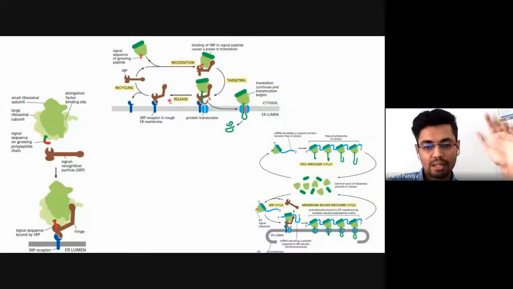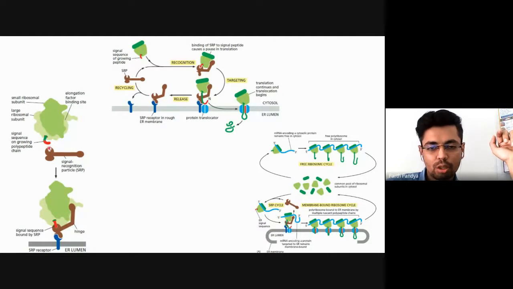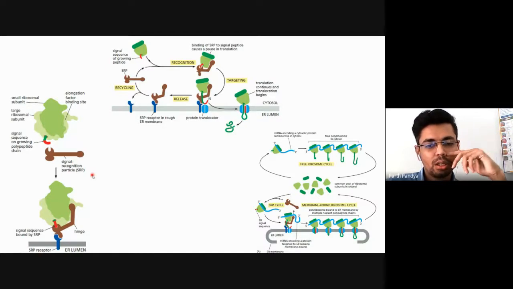Okay. So as I said, how do we identify the signal? The signal made on the growing polypeptide chain is identified by the SRP. There is a conformation change of this SRP, which is recognized by the receptor of SRP, called the SRP receptor, and a translocon is formed.